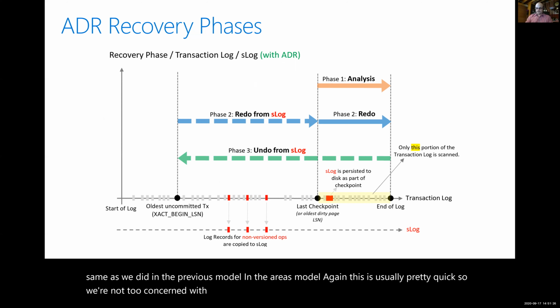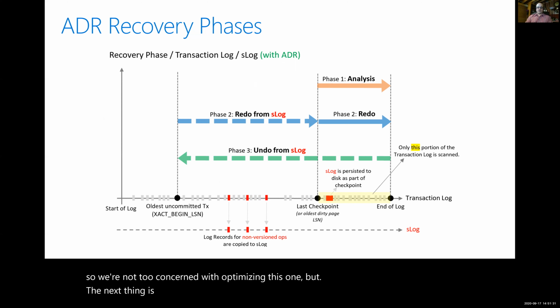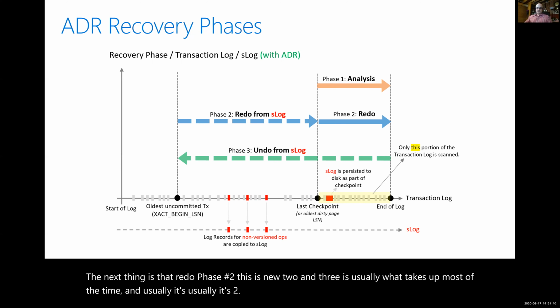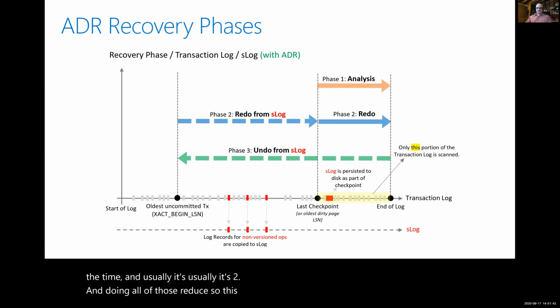But the next thing is that redo phase, number 2. Phases 2 and 3 are usually what take up most of the time, and usually it's 2 doing all of those redos. So this gets broken out into 2 subphases. First, we redo things from the slog.